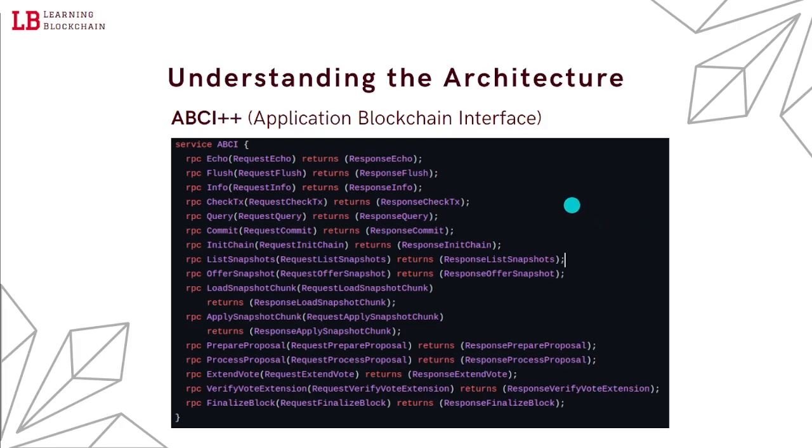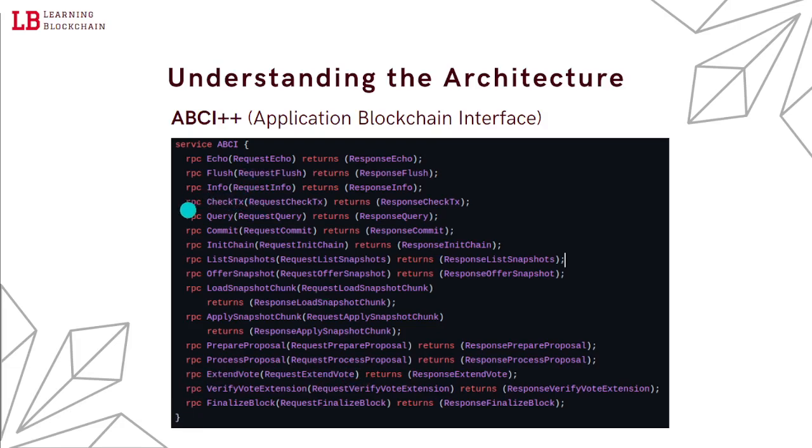This is how the whole ABCI looks. In this case, we have ABCI++ or V2, which introduces a few new methods like PrepareProposal, ProcessProposal, VerifyVoteExtension, and FinalizeBlock, which you may see in the literature previously as other methods like BeginBlock, EndBlock, and DeliverTx, and these are now all contained within FinalizeBlock.